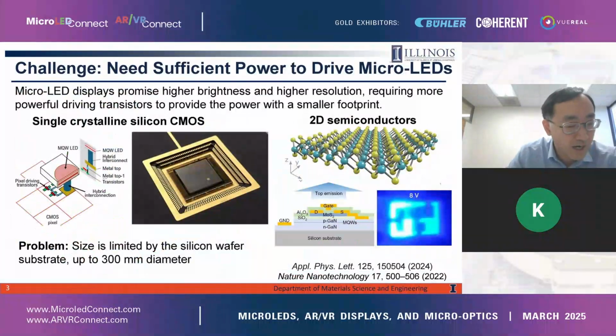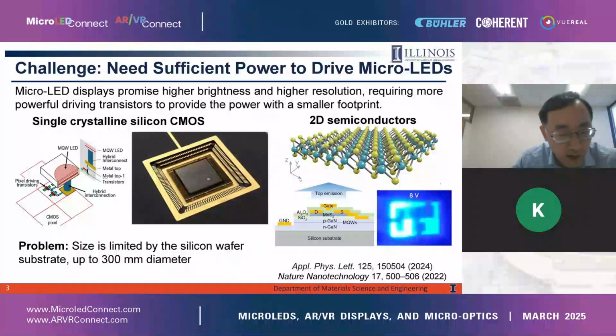Associated with these good properties, one challenge is how we are going to drive these ultra bright pixels in an active matrix display using selector transistors, especially for high resolution displays where the footprint of each pixel is very limited.